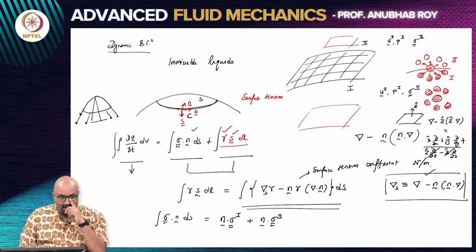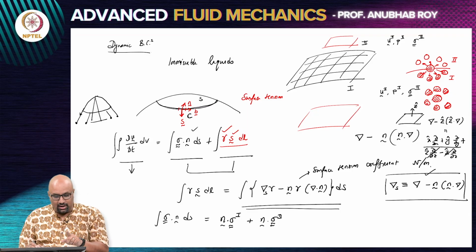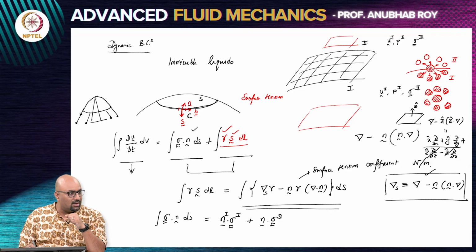Now, here you have to realize I have made an error. The n for both are not the same. The n dot sigma from the bottom is basically the normal that is pointing from region 1 to region 2, so this should actually be n1, whereas for sigma 2, it is the normal that is pointing from region 2 to region 1.